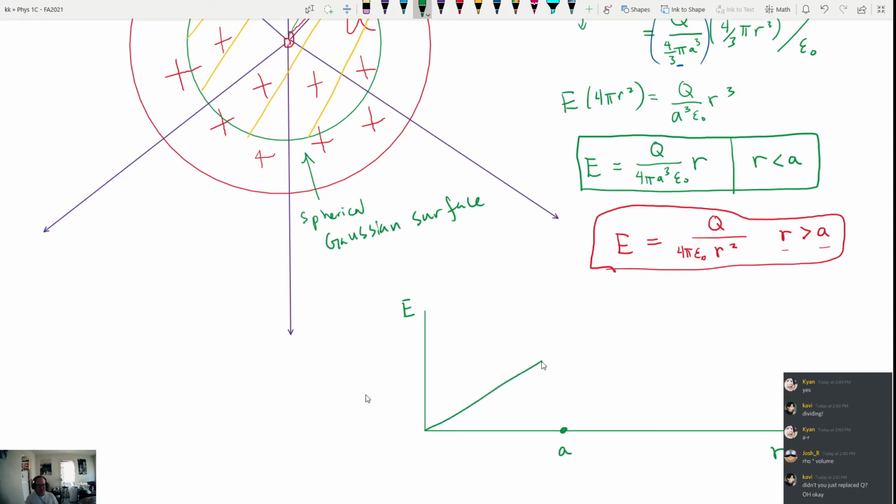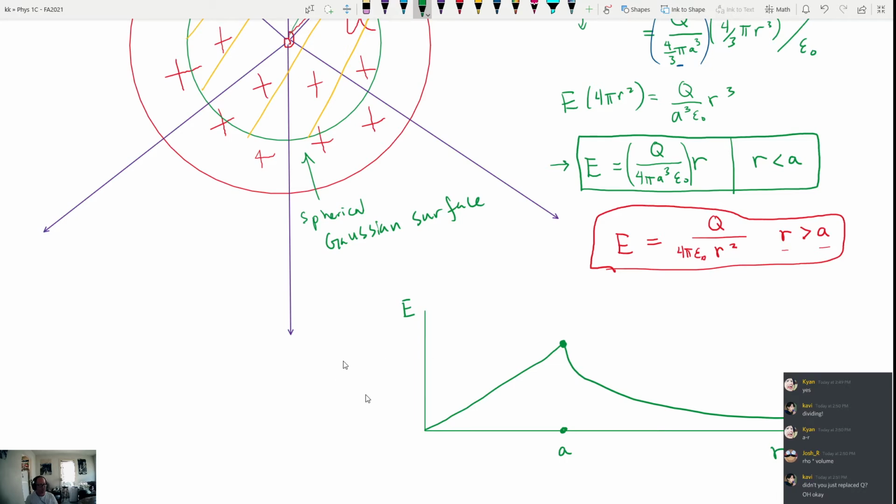It's going to be a straight line until you get to a, because if you look at this equation right here, assuming that a is a constant and q is a constant, r is the only variable, which means e is proportional to r, which means it's going to be a straight line, and then this is the slope, basically. This little piece right here would be the slope of the line. And then once we get to a, r greater than a, it's going to asymptotically fall off and approach 0.